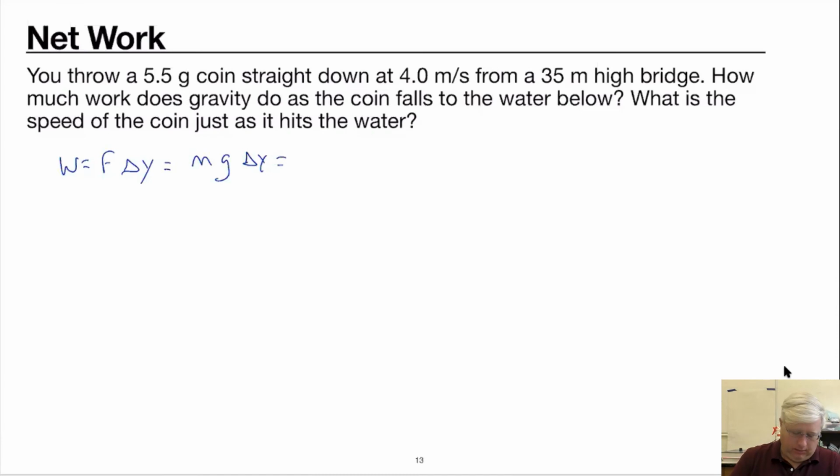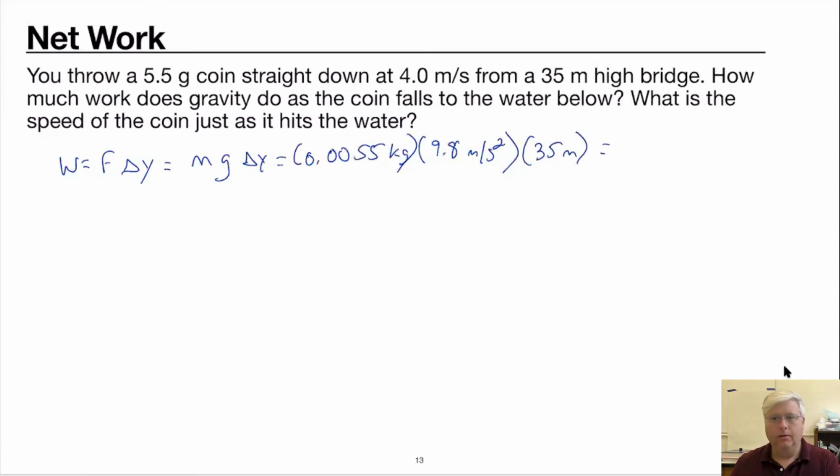That's 5.5 grams, so that's going to be 0.0055 kilograms, putting that into SI units. Gravity is 9.8, and the distance traveled is 35 meters. Doing that, I get 1.9 joules.